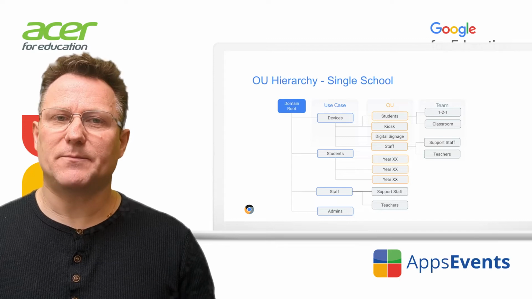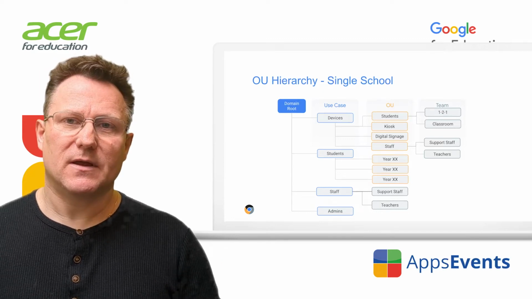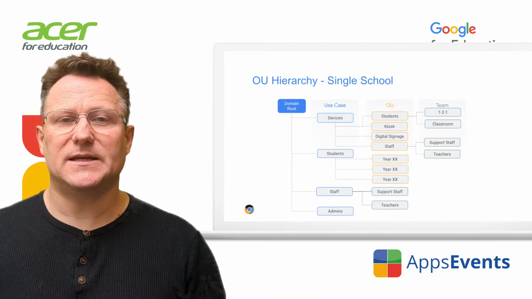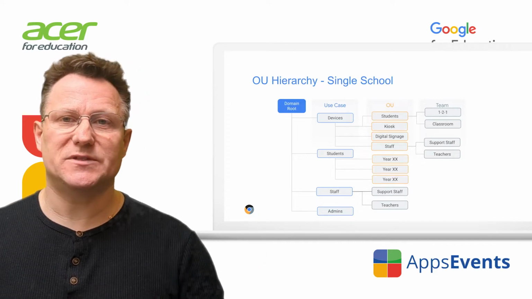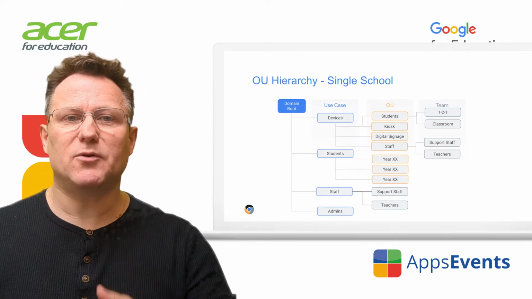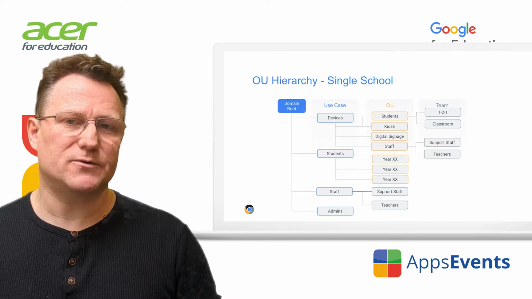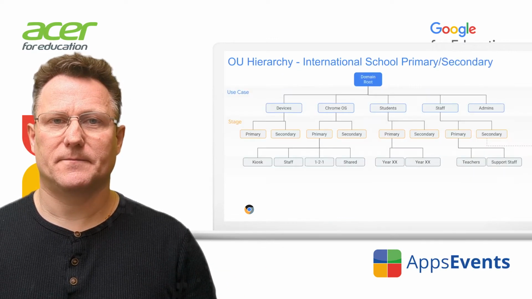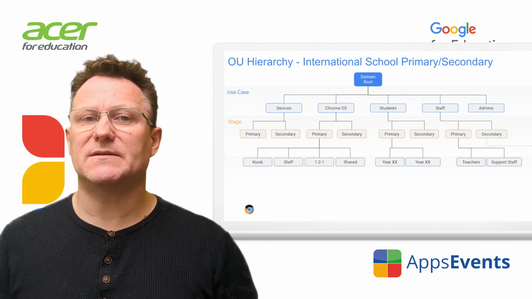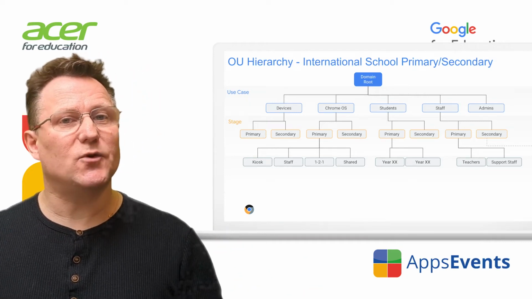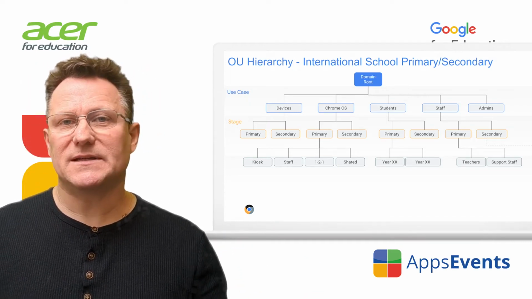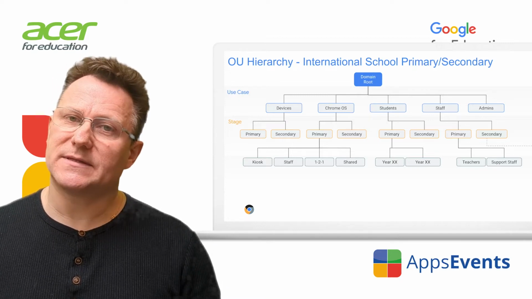Let's have a look at a possible OU structure for a multi-stage school with primary and secondary students. This is the kind of deployment you might find in an international school or other all-through school setting. Here I've broken down devices into devices and Chrome OS, and we still have students, staff, and admins.